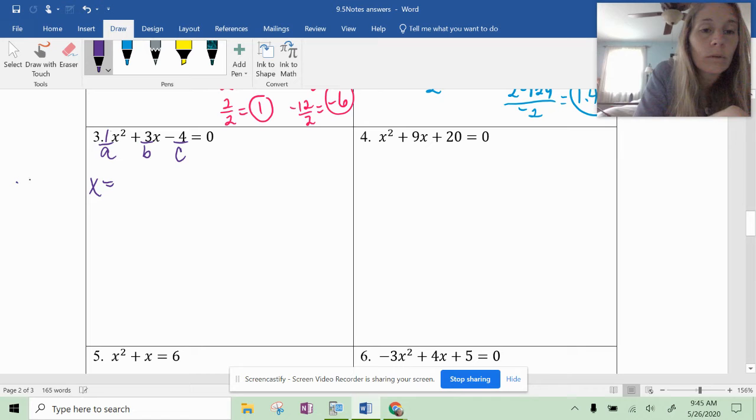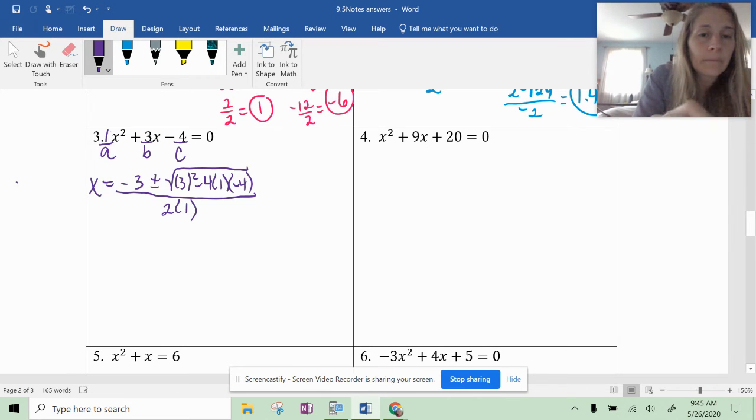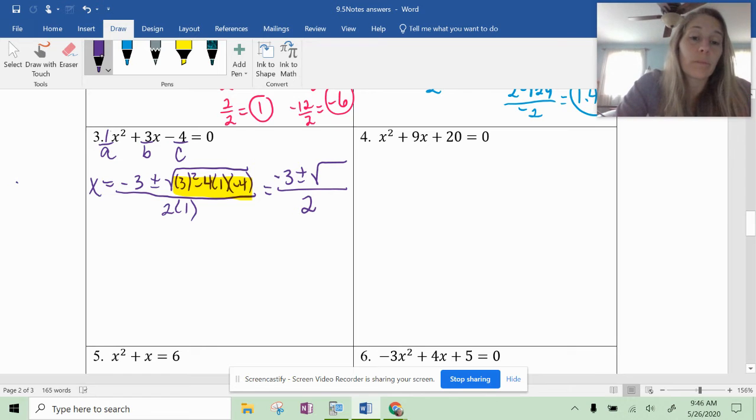So x equals negative B plus or minus the square root of B squared minus 4 times A times C, and that's over 2 times A. So again, I'm always going for that discriminant. So I have negative 3 plus or minus, and then it's a 2 on the bottom. So I'm going to find my discriminant to put that in there.